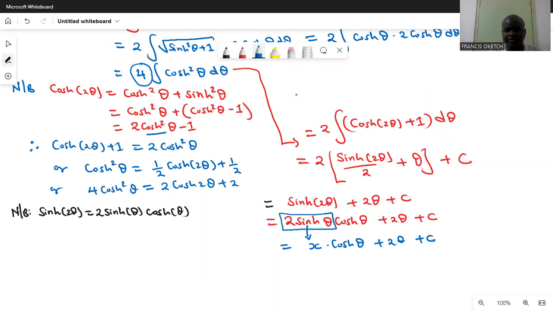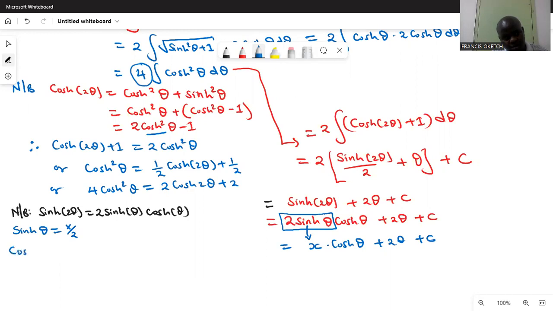So before I replace theta, I can also replace cos, because I know sine hyperbolic theta is equal to x over 2. Let me write here so that all of us see. Take note that we are saying sine hyperbolic of theta is equal to x over 2. So what about cos hyperbolic of theta?